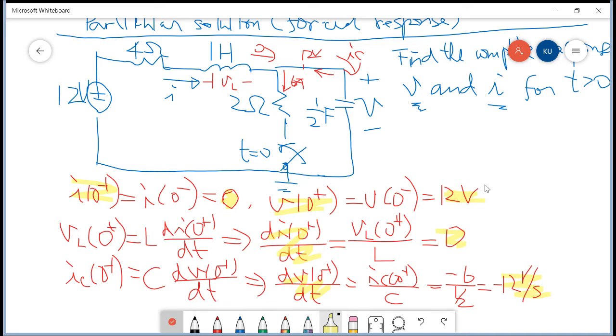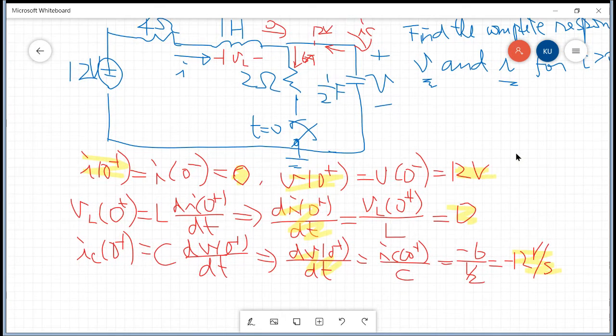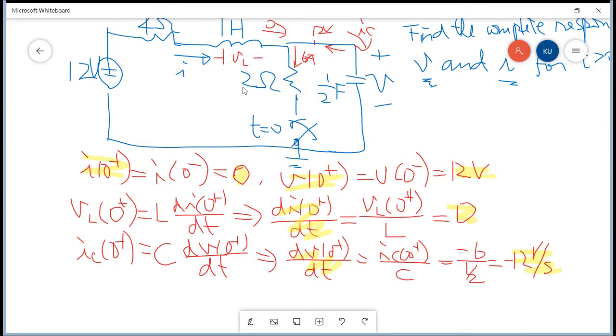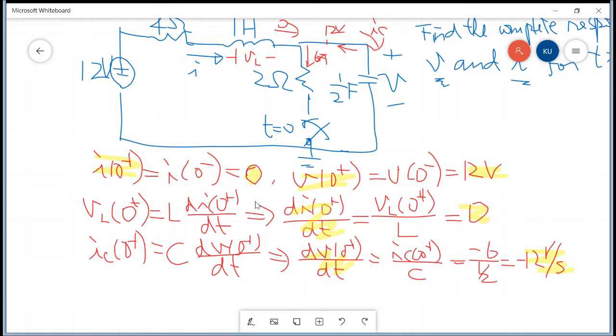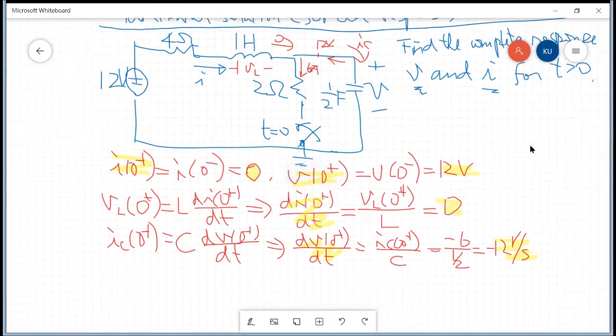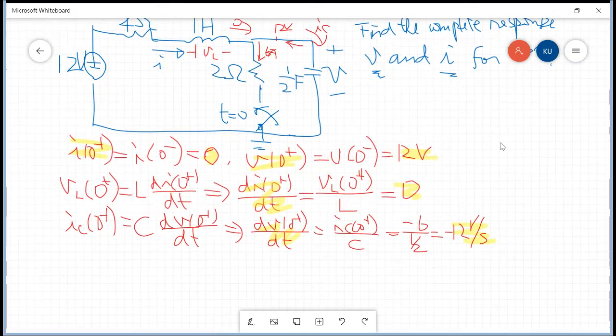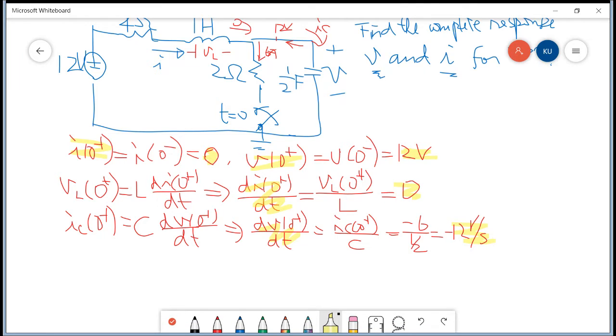So we can start to write an ODE describing this circuit. Let me see. So we can use KVL for the left loop.